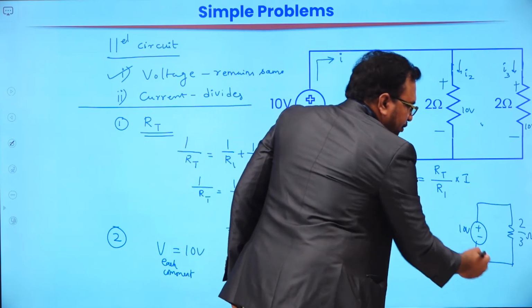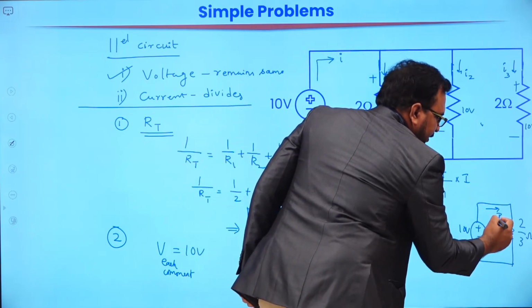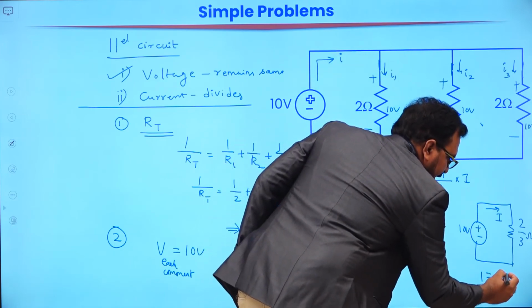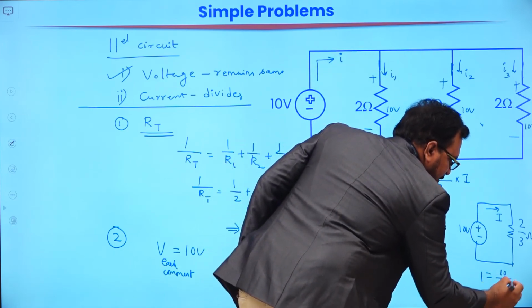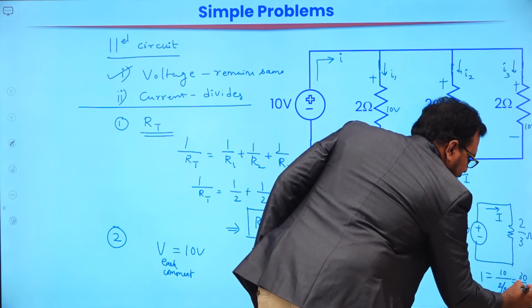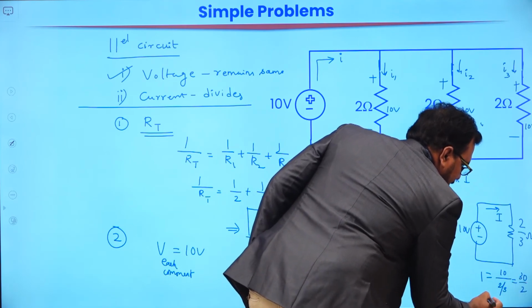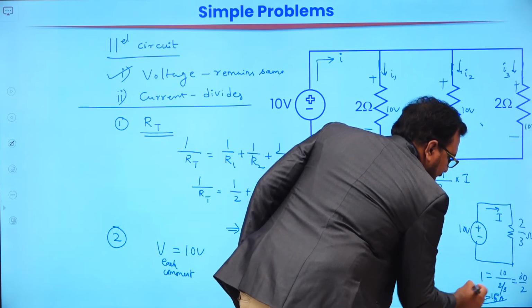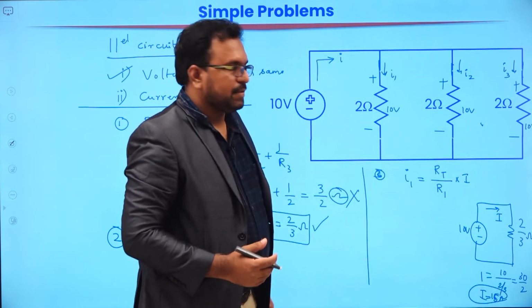Now from this circuit we can calculate the total current I. So what is the total current I? 10 divided by 2 by 3, which is equivalent to 30 by 2, or 15 amperes. So the total current is 15 amperes.